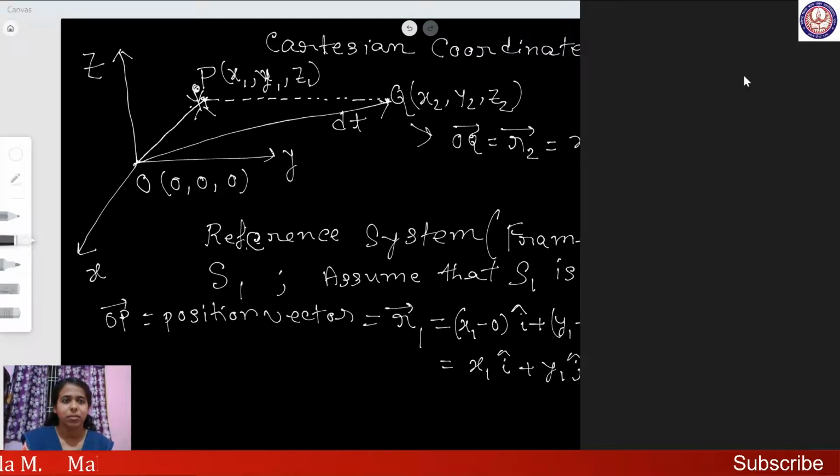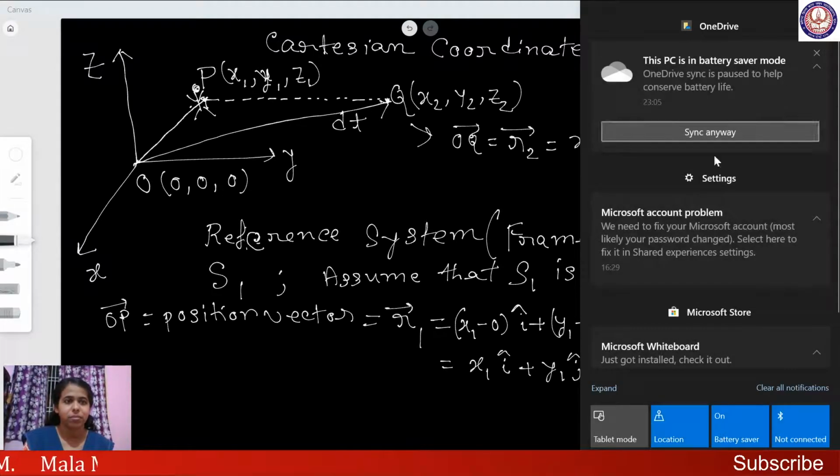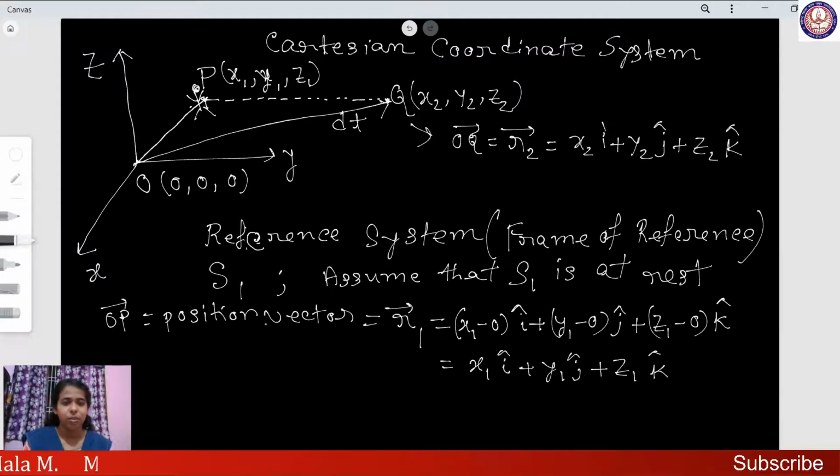Now, the particle or the person moved from P to Q. P was his initial position and Q is his final position.